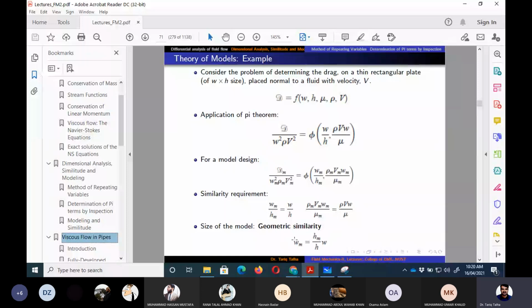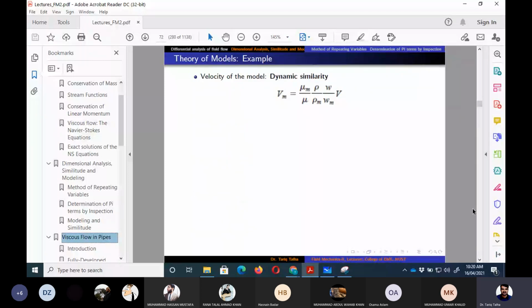From there we can get the width of the model, and similarly the velocity to be used in the wind tunnel or water tunnel, that would be Vm. That can be calculated by the equality of the second independent pi term. If we do that, we call it dynamic similarity.